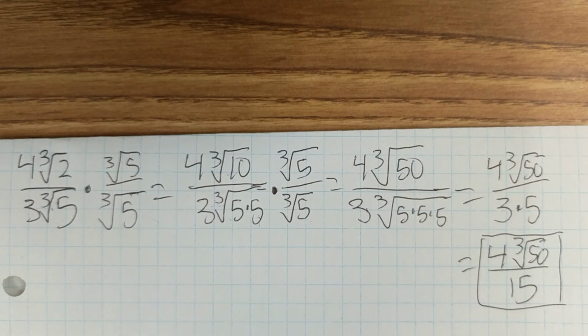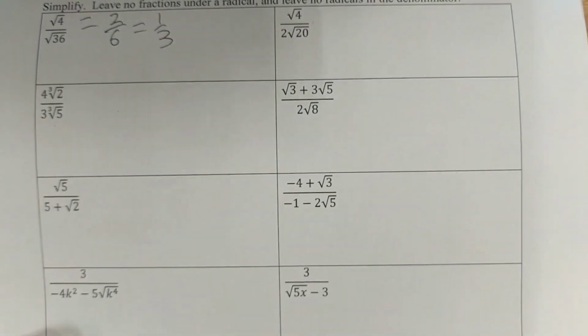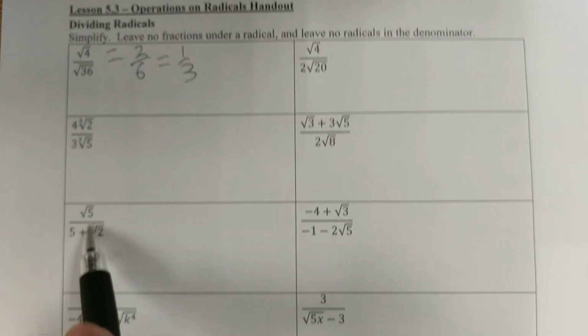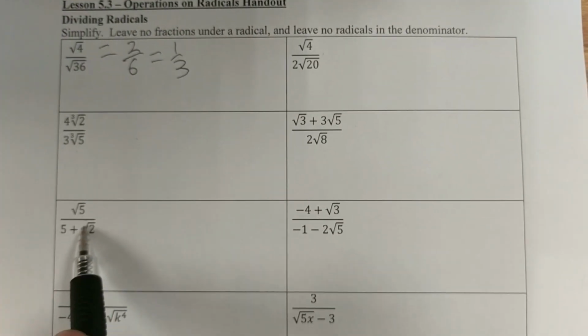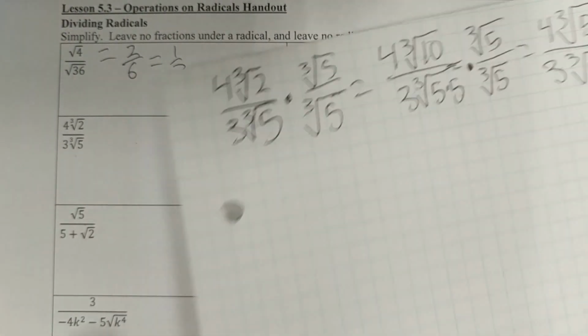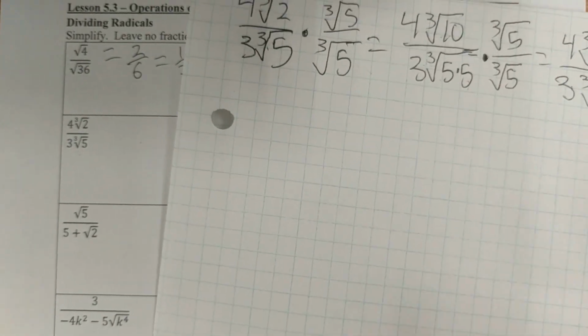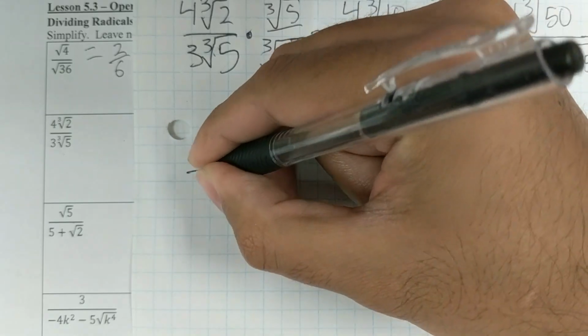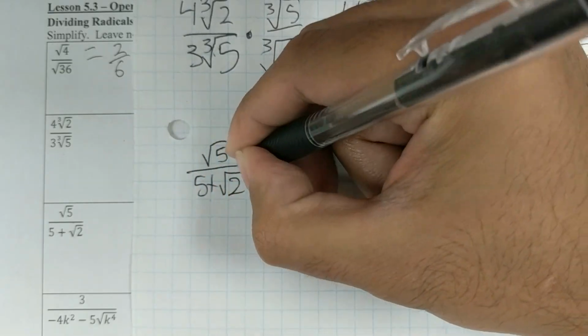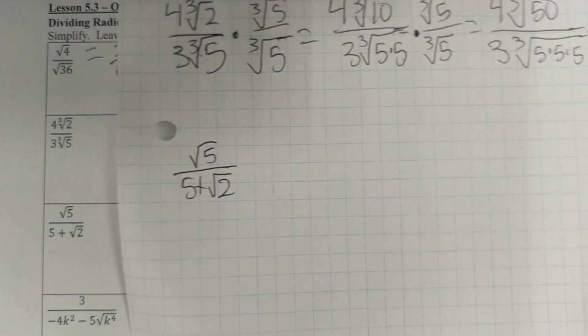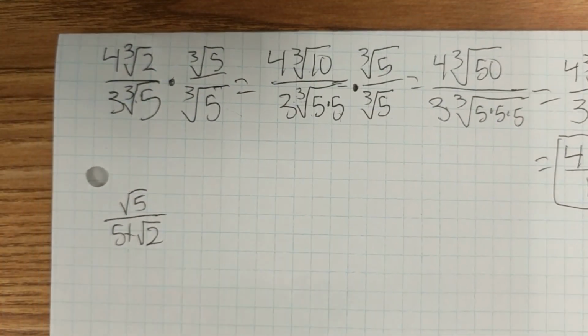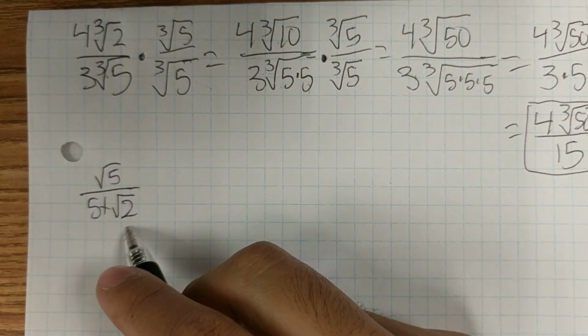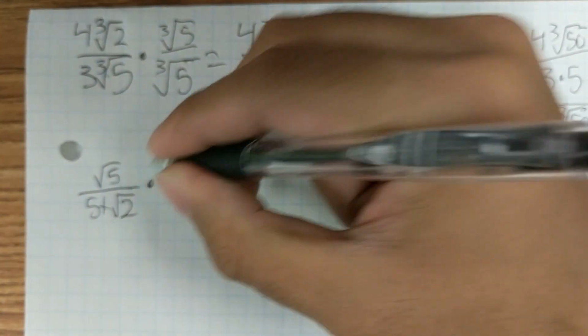Okay, so another type of problem that we haven't seen yet, this one over here, third from the top on the left side. Okay, so we need to get rid of this radical 2 on the bottom. Okay, so don't write this down, but let's pretend we just use the same strategy as before.